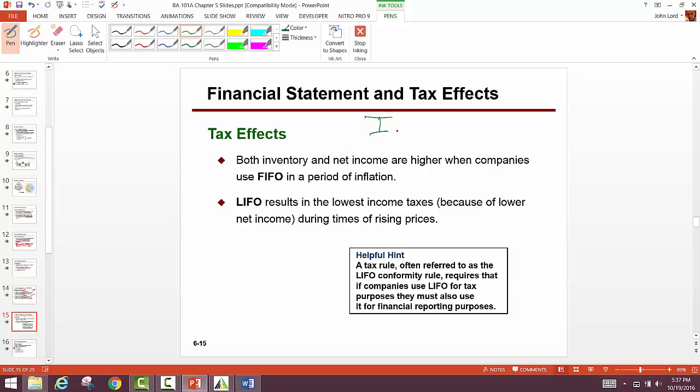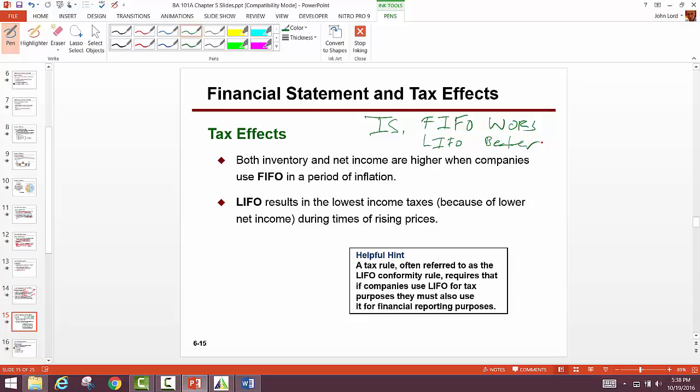Income statement. FIFO is what? Worse. Whereas Lifo is going to be a little better, going to show a more accurate picture of our net income. Okay, so what happens? For our tax effects, both our inventory and our net income are going to be higher under FIFO, aren't they?